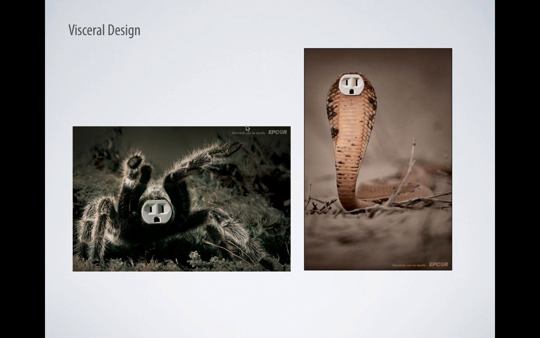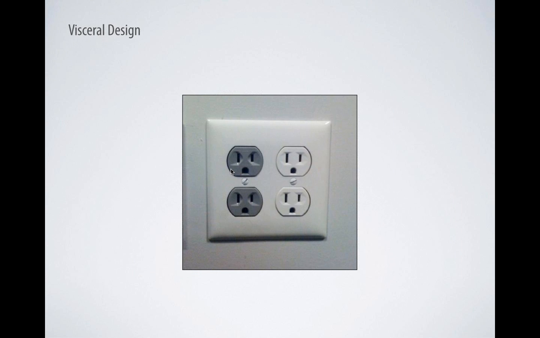There's a lot of different things that fall under the visceral umbrella, because this is based on instincts, and we have many different instinctive reactions. Keeping with the theme of electric sockets, what do you see when you look at this image?